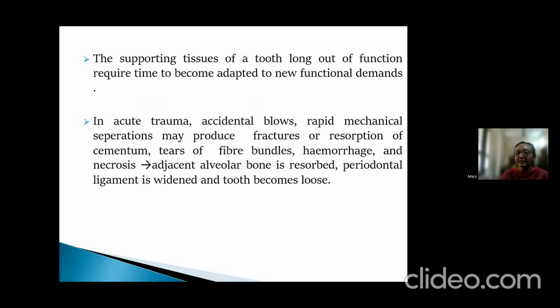Also, in case of acute trauma, like an accidental blow or rapid mechanical separations or fractures, there will be resorption of the cementum or tears in the fiber bundles, which in turn will result in hemorrhage or necrosis, causing resorption in the adjacent alveolar bone and widening of the periodontal ligament. Resorption and widening of the periodontal ligament can ultimately result in tooth loss.